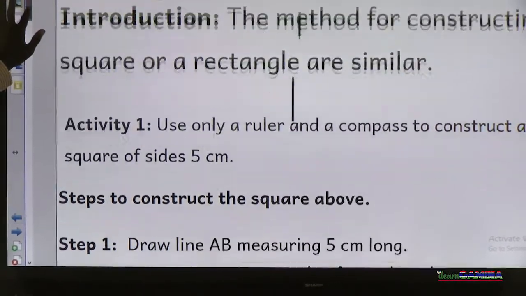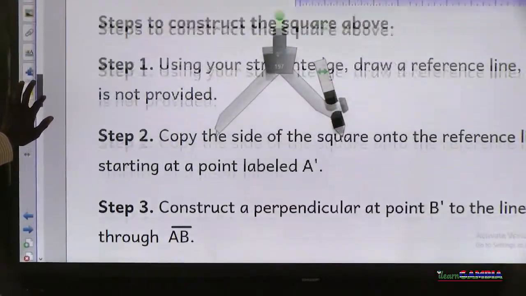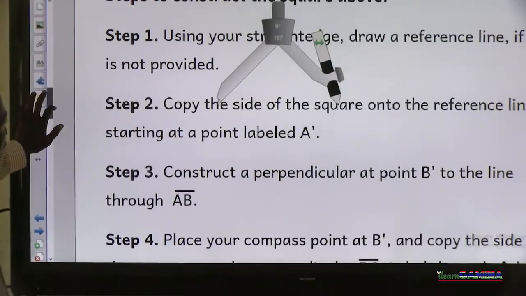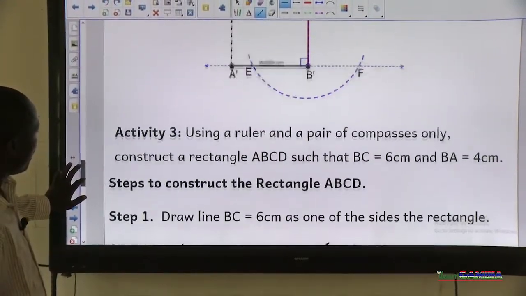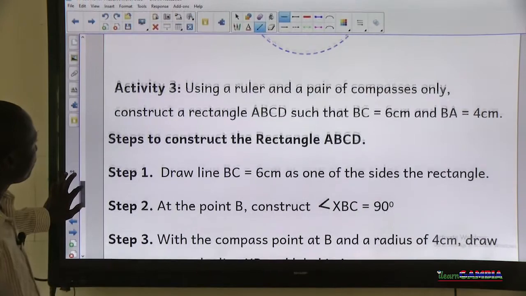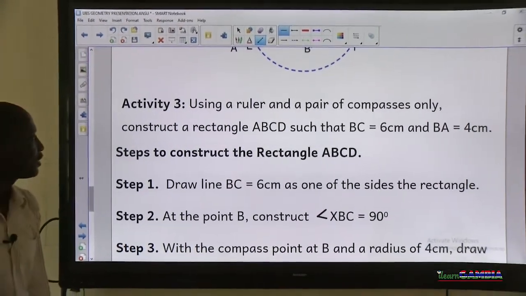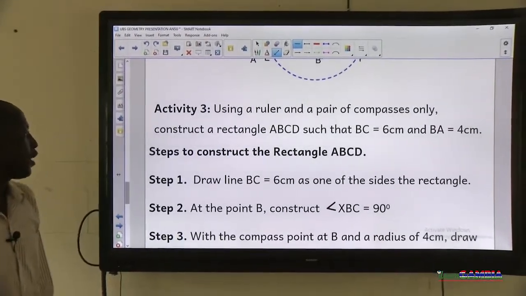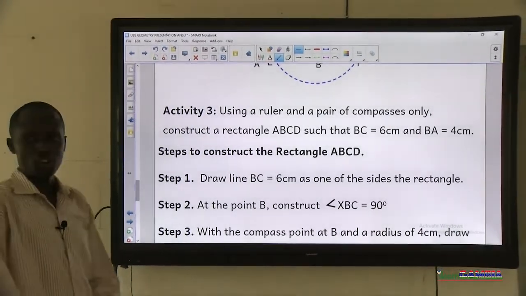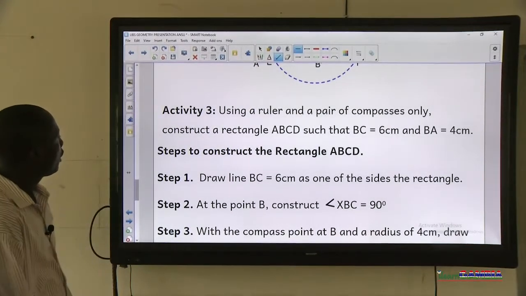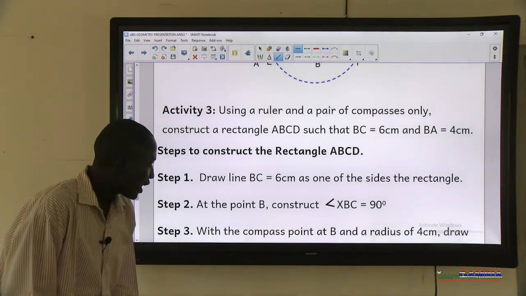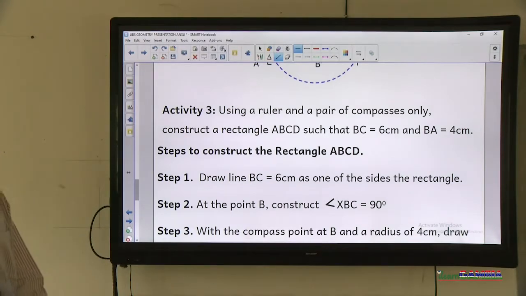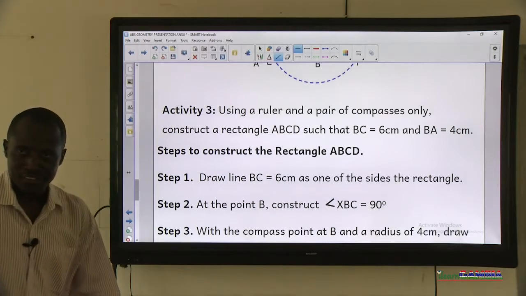What is the third activity? Now we are at activity 3. It says, using a ruler and a pair of compasses only, construct a rectangle ABCD such that AB is 6 centimeters and BC is 4 centimeters.